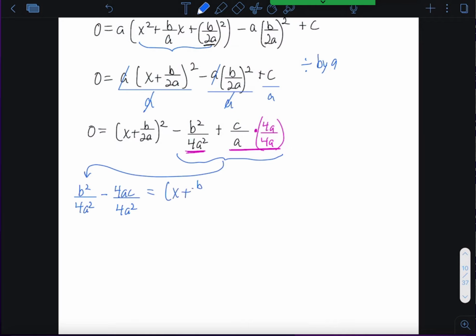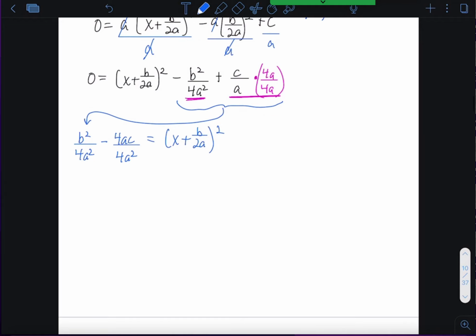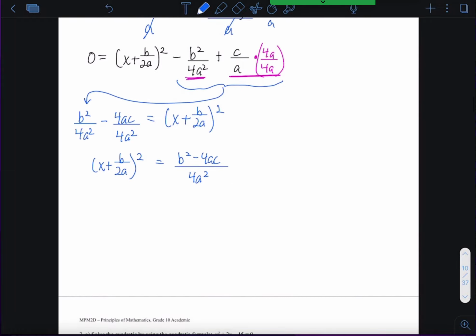equals x plus b over 2a squared. And now I'm actually just going to flip the left-hand side and right-hand side, while at the same time writing my right-hand side over the same denominator. Okay, that was the whole point of finding a common denominator.